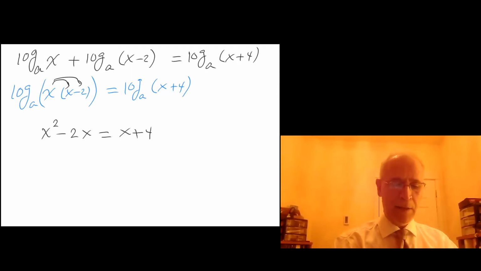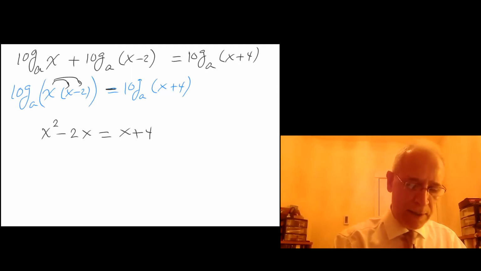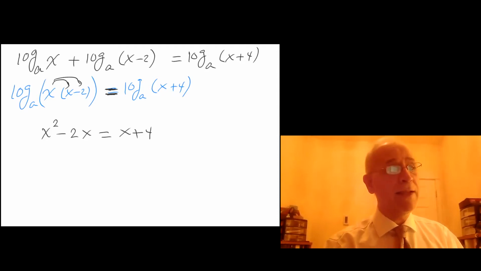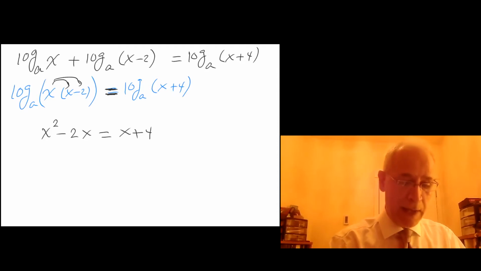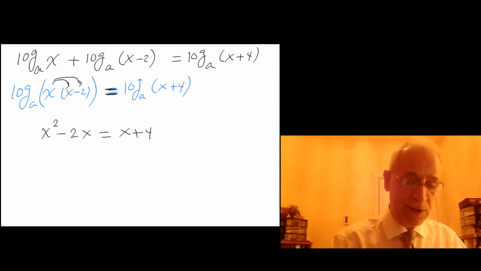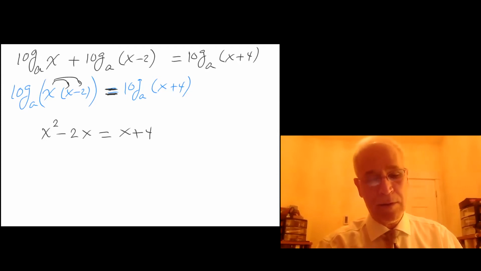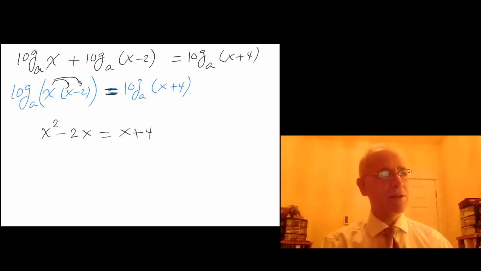Why is that? Because this equal sign demands that since the left-hand side is equal to the right-hand side, the log of the left-hand side must equal the log of the right-hand side. I think I said it backward.